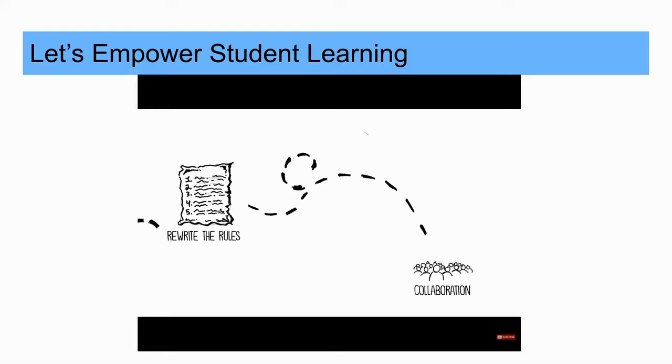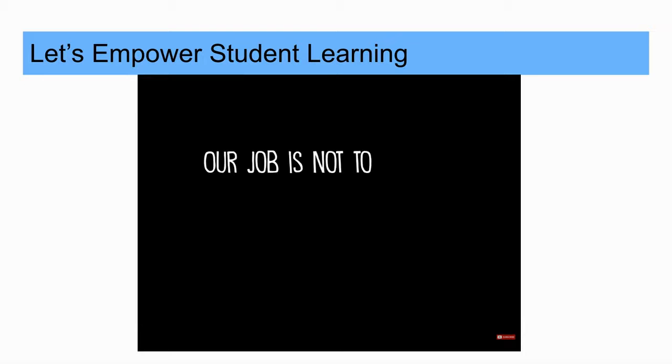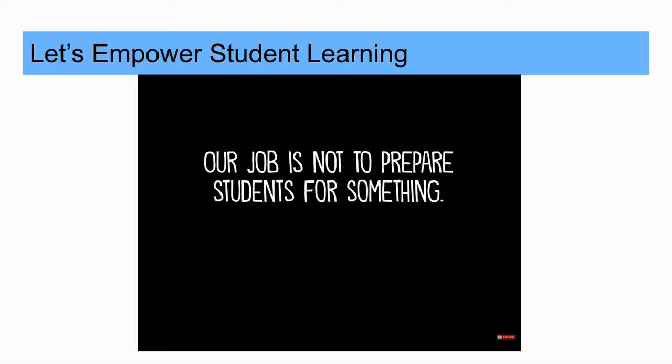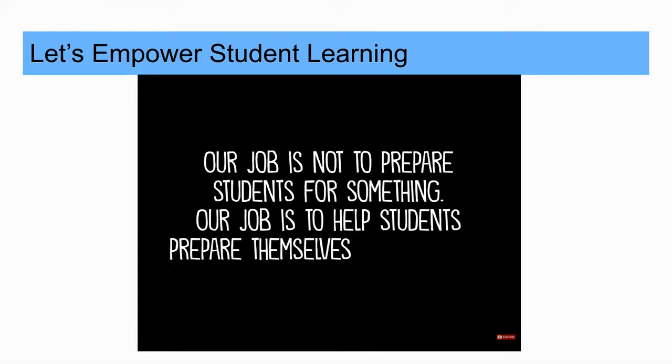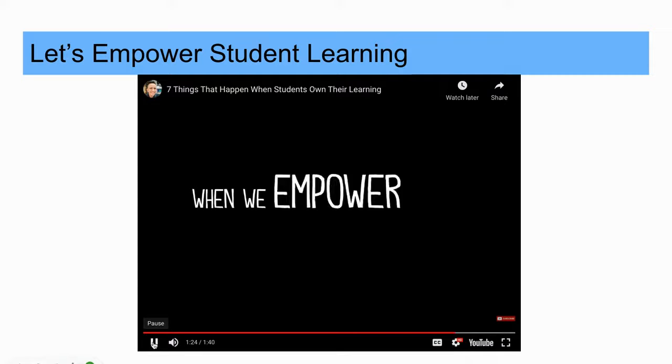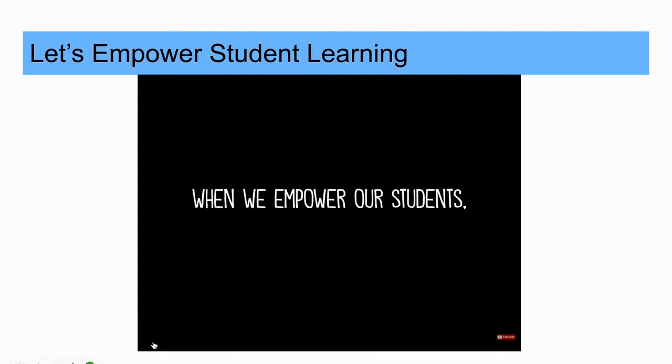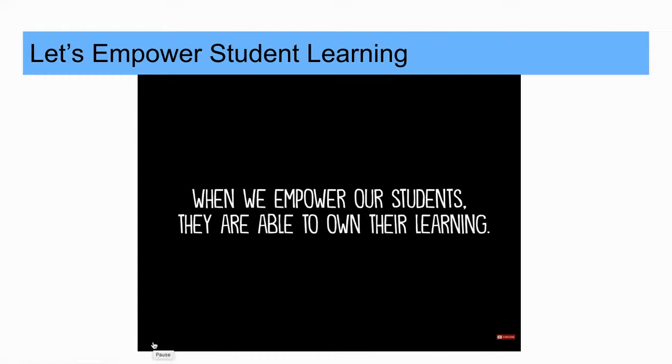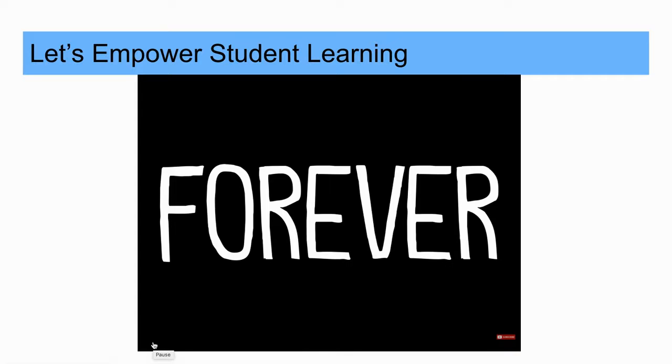AJ Giuliani puts it this way: our job is not to prepare students for something. Our job is to help students prepare themselves for anything. In other words, when we empower our students, they are able to own their learning forever.